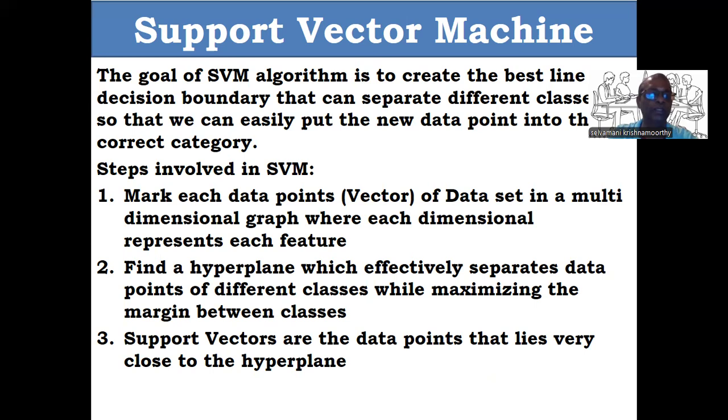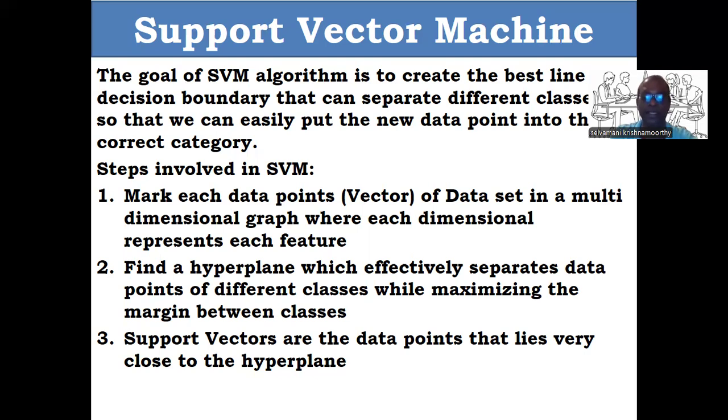So what are the steps involved in support vector machine? We have one data set. The data set has so many data points. Each data point of the data set is said to be a vector. Mark each data point of the data set in a multi-dimensional graph. For simple purposes, we can take a two-dimensional graph. No need to worry about multi-dimensional.